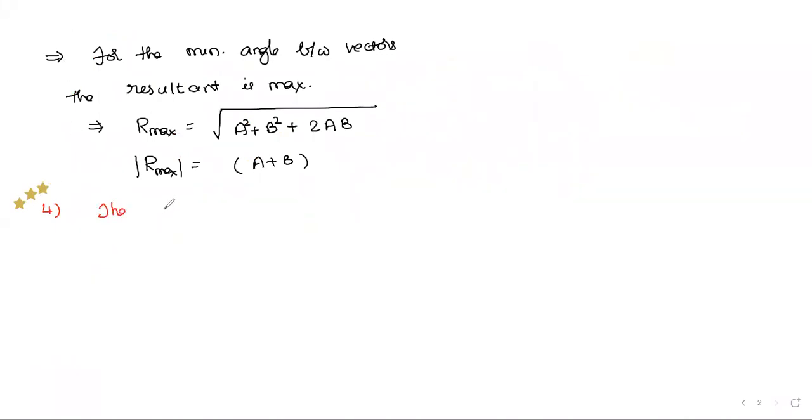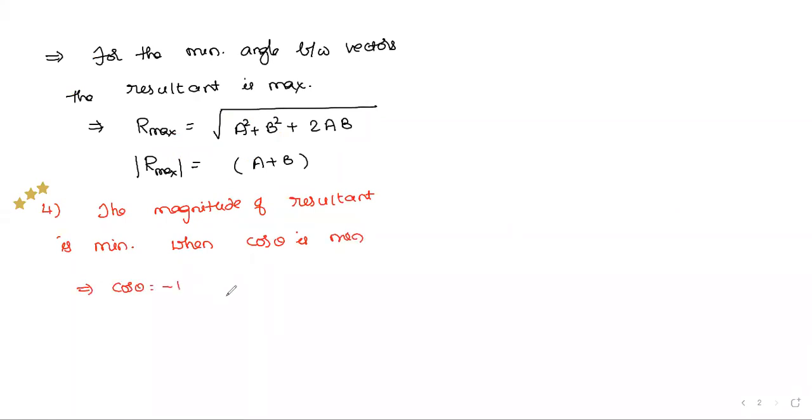The magnitude of the resultant is minimum when cos theta is minimum. That implies cos theta, you can write it as -1.